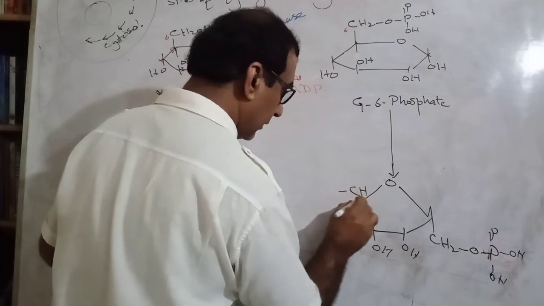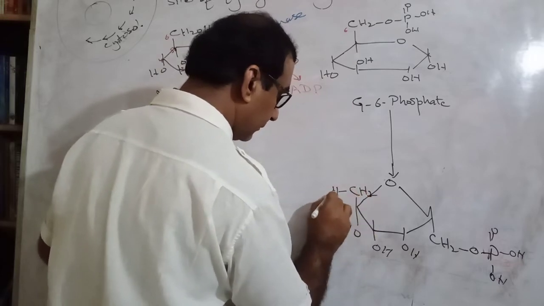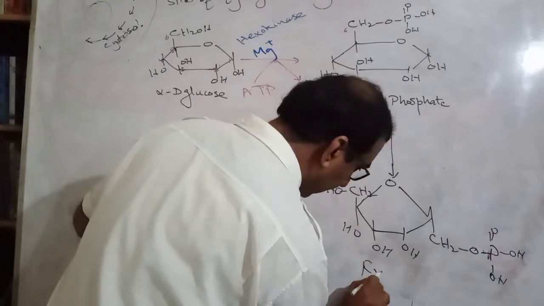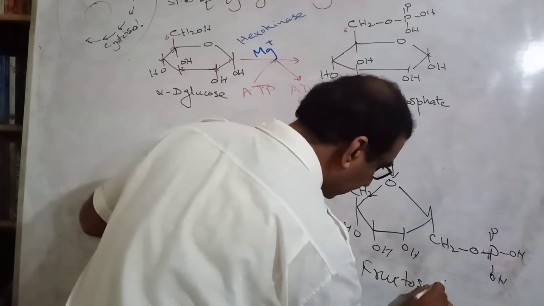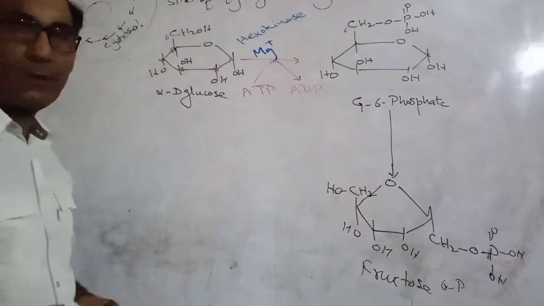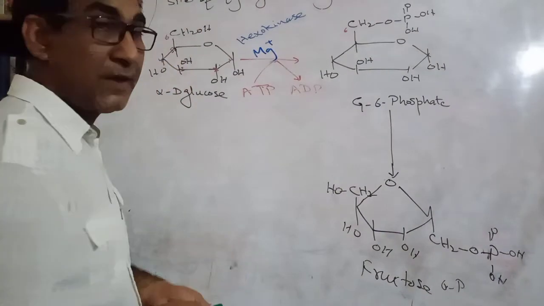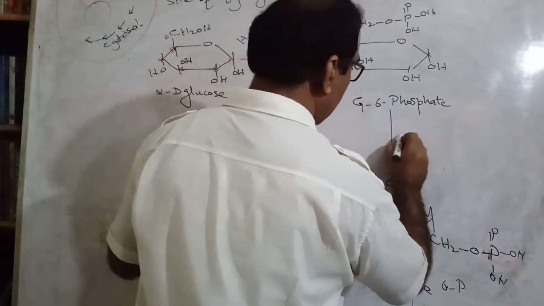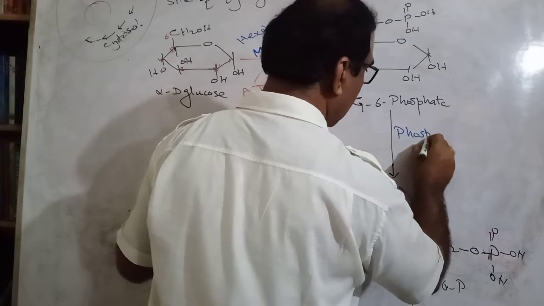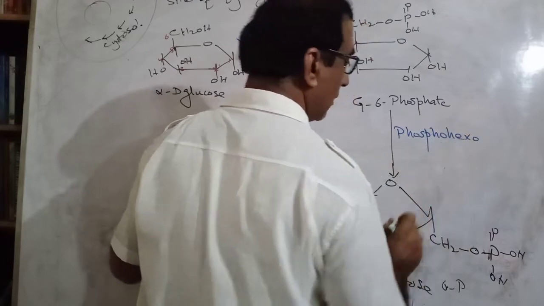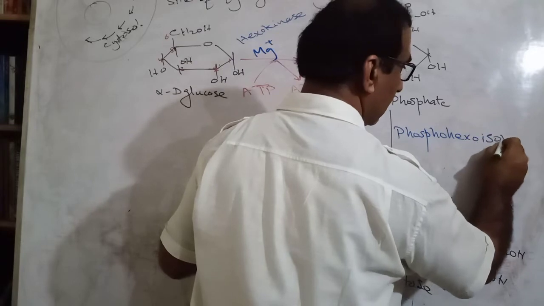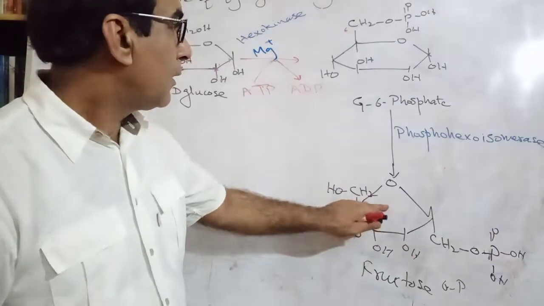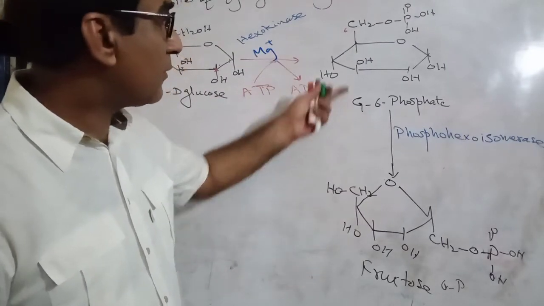The enzyme used here is phosphohexoisomerase, because fructose is the isomer of glucose.